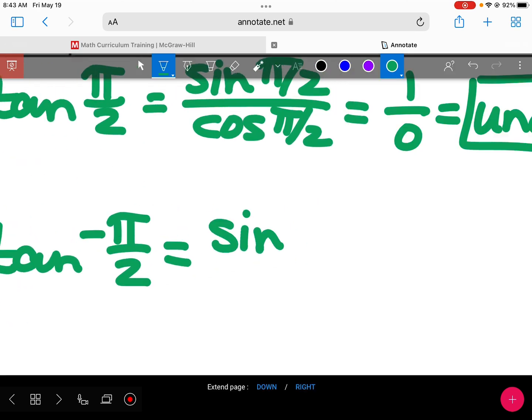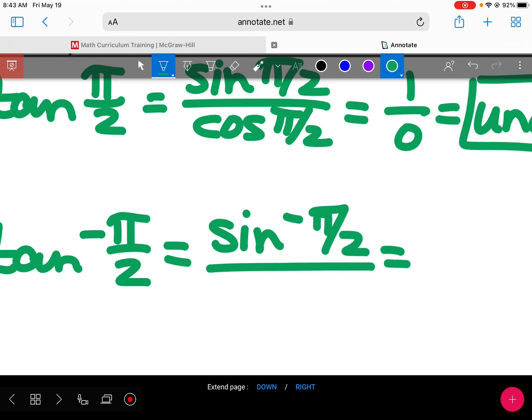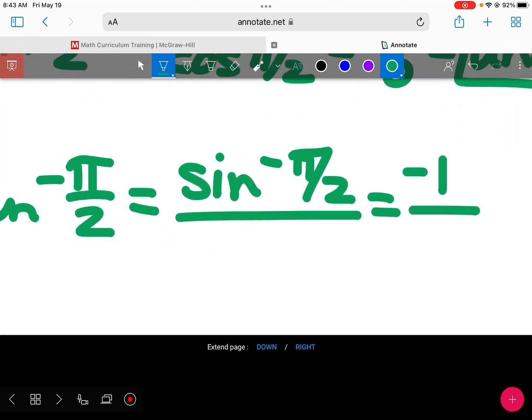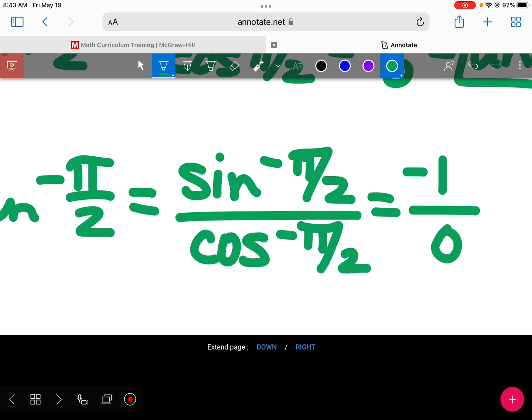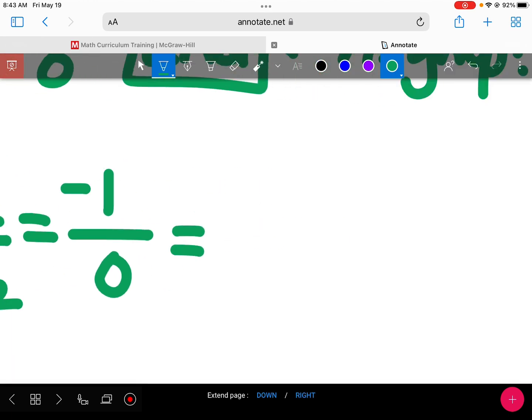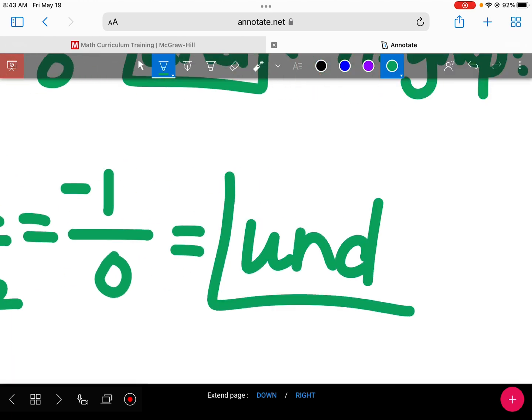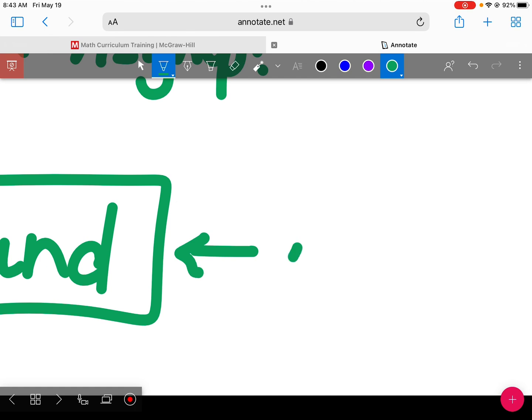Pretty much the same thing, because I have sine of -pi over 2. Cosine of -pi over 2 is still 0. So I have -1 over 0, which is still undefined, which is why I have an asymptote there.